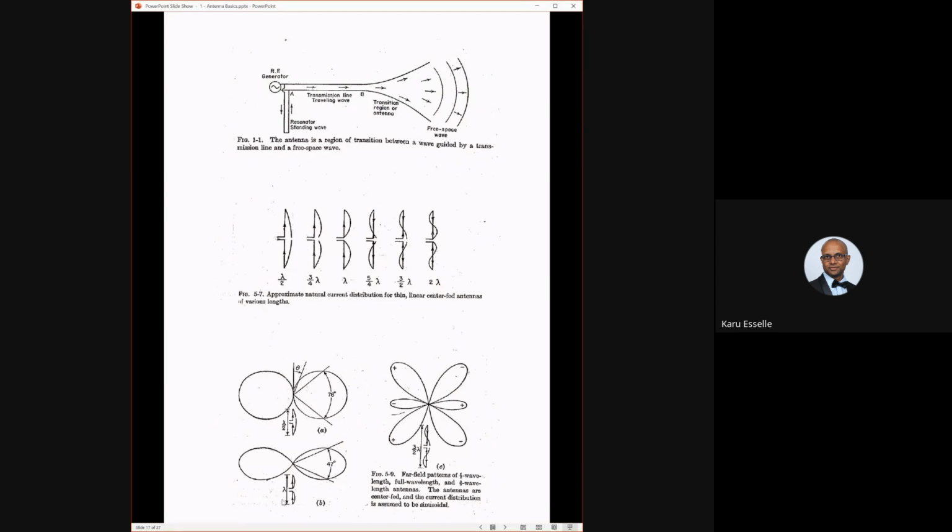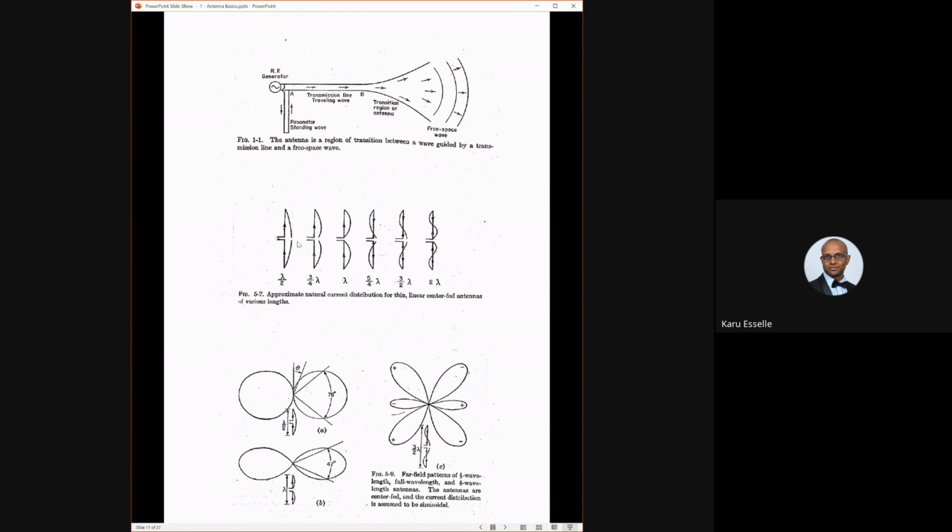This is a 1 wavelength dipole radiation pattern, which is narrower, so it has better directivity. When we make it even longer, this one is a 1.5 lambda dipole, then it becomes very messy, with multiple beams, etc. Not useful for a lot of applications.